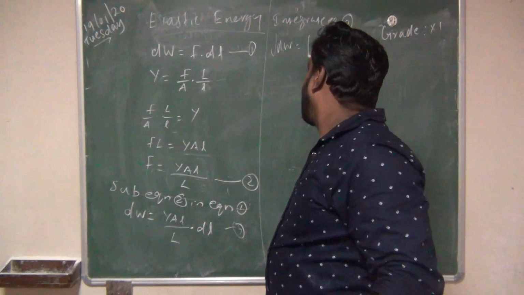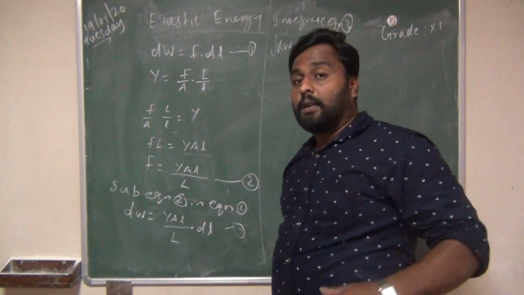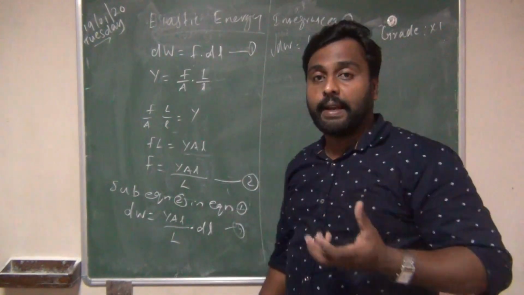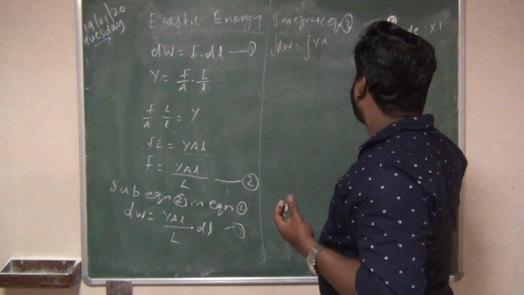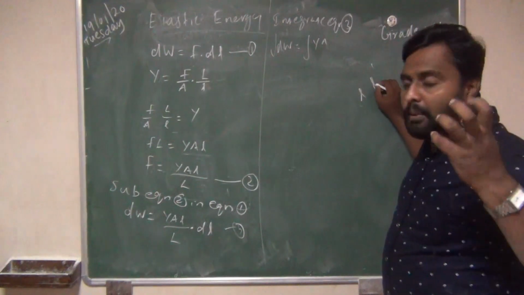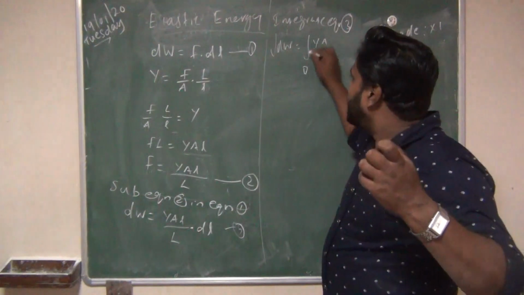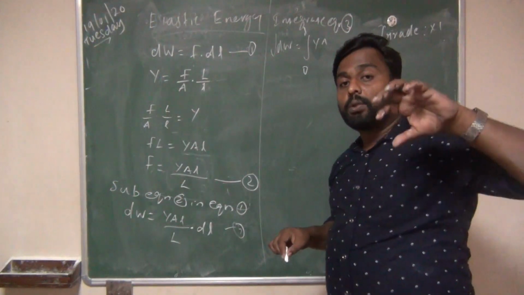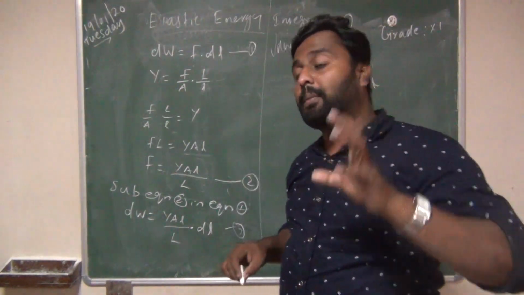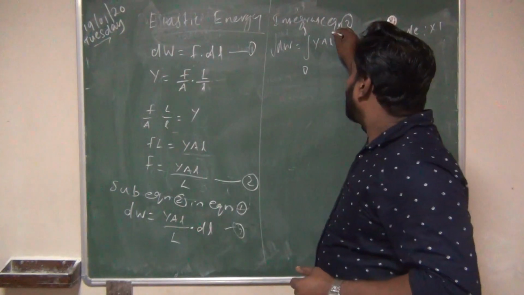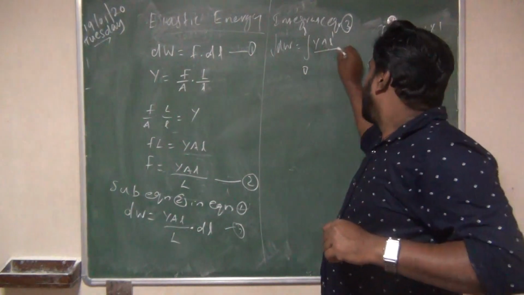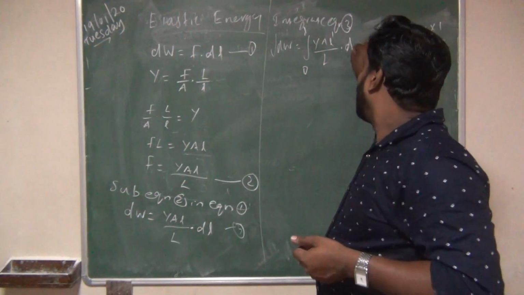Integration dW equal to Y A. Now for l we have to choose a dummy variable for our easy integration. So instead of l you can use l dash. Why we are using this dummy variable means, we are giving the limit 0 to L. So without confusing, we can substitute the limit value, so we have to use a dummy variable here. Instead of l we are using l dash divided by L into dl.